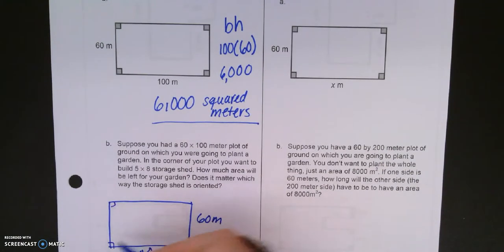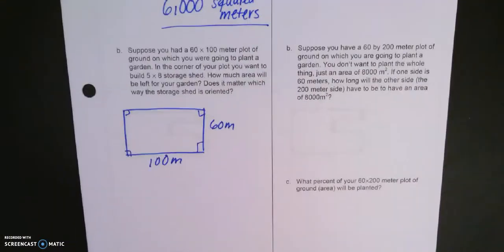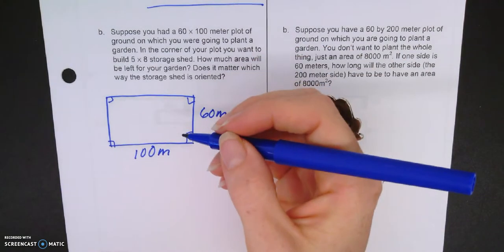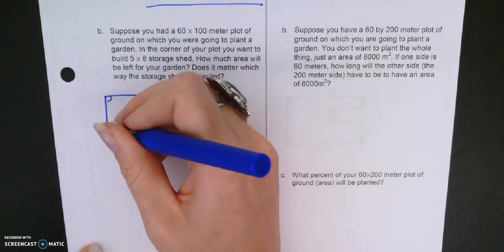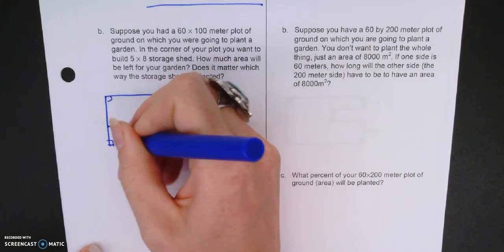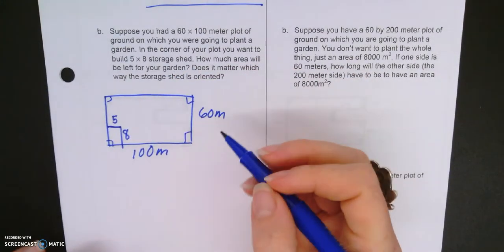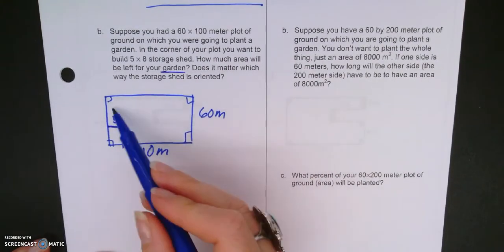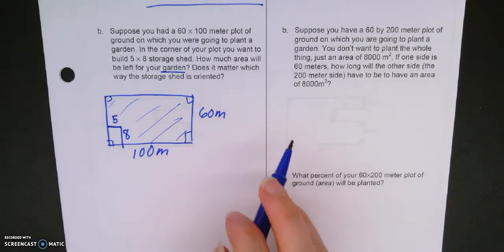And this is a rectangle, so I'll show with my 90-degree angles. And it says there's a storage shed that takes up 5 by 8 in one of the corners. Pick a corner. Pick this corner. 5 by 8. Here's my shed. How much area will be left for your garden? So all of the remainder areas we left for our garden.